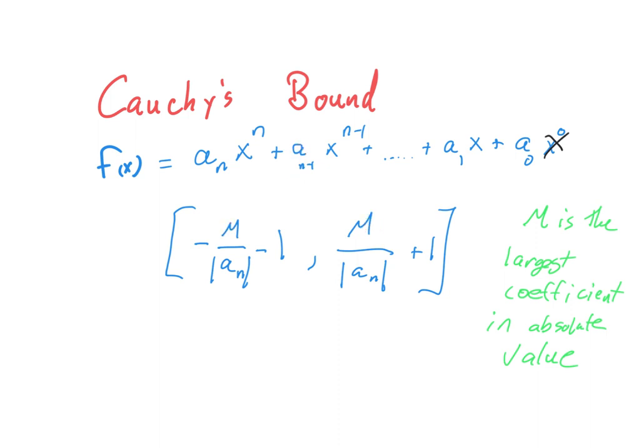And then I take the absolute value of the leading coefficient, put that in the denominator, and take the negative of that fraction, minus 1. Then I take the largest coefficient divided by that first thing there, and then add 1. And what that means is if there's going to be a 0, it will occur somewhere in that interval. Let's take a look at one.